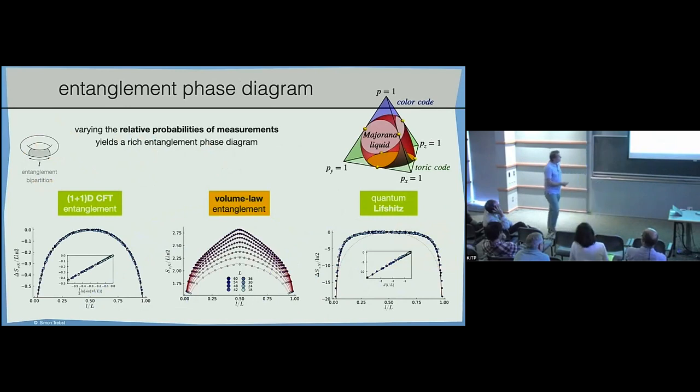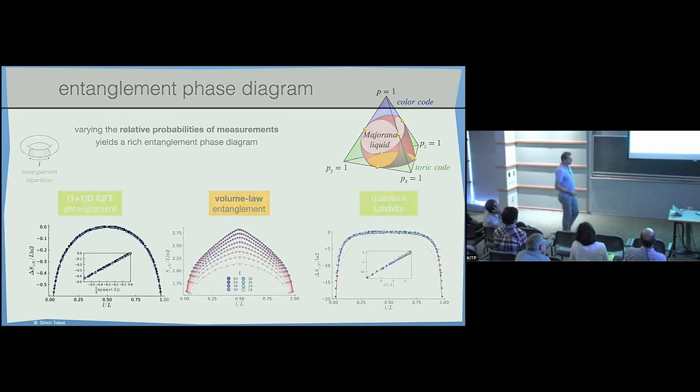Yeah, and now, what constitutes a phase is that within a phase, so a parameter region, you will have this entanglement structure, that entanglement structure, that entanglement structure, and all over this parameter space, you'll have the same entanglement structure. So it's a phase diagram in terms of entanglement. Yeah, so the typical states that you get after this time evolution will all look alike. Okay, and you get 1D CFT scaling, volume law entanglement, and Lifshitz entanglement.